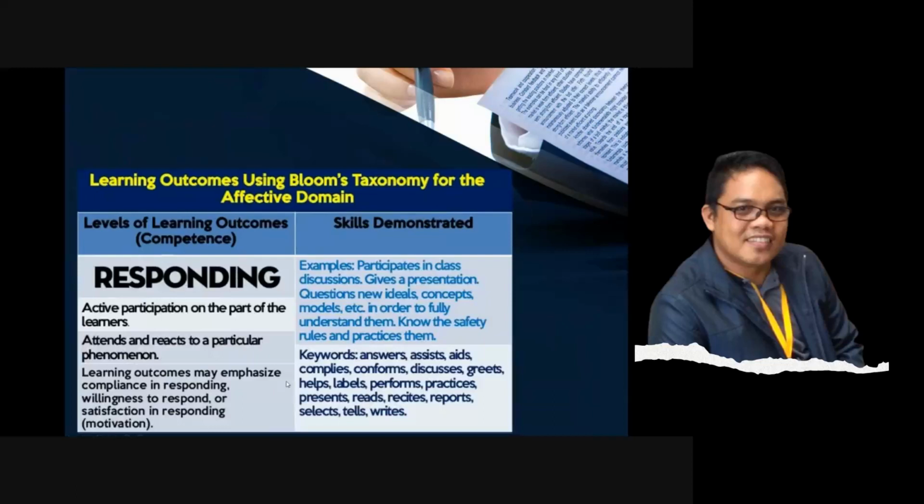For responding, you have comply, conform, discuss, read, perform, practice, present, recite, report. So, if you have reporting, pwede rin report the answers in the class. So, pwede yun. Nagiging measurable po yun kasi meron kang the word report.